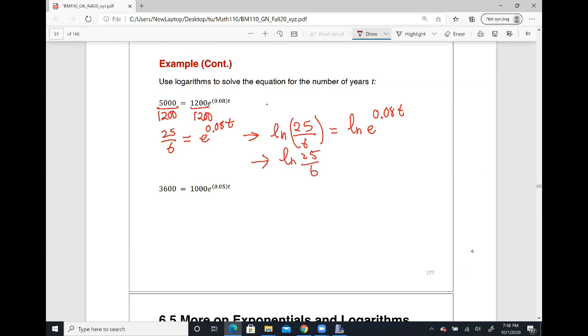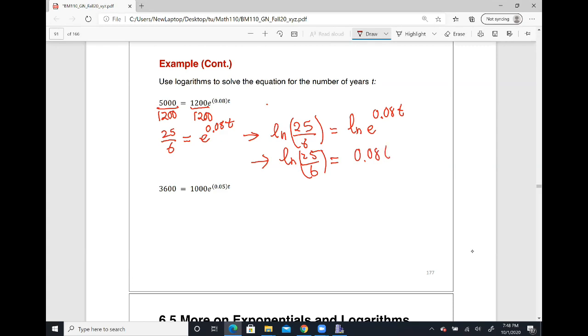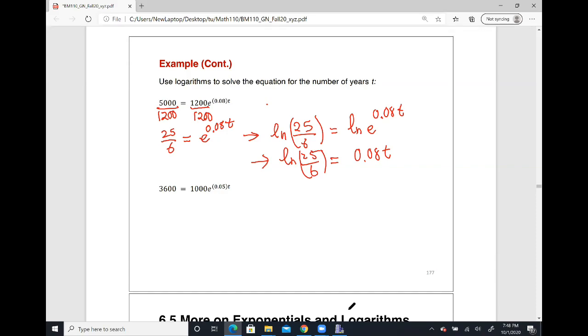And on the right hand side, the ln e will be cancelled, and you have 0.08t only.